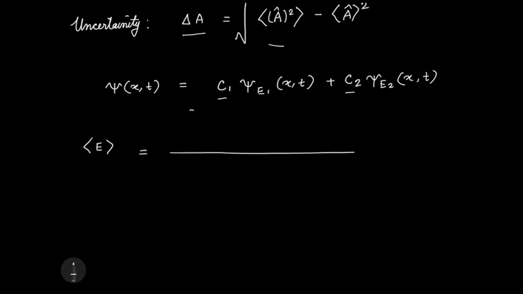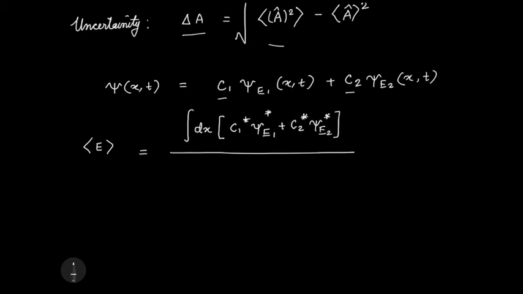So let's calculate. How will I calculate? Well, I have to write here integral dx psi star, and psi star is the star of this entire thing. So C1 star psi E1 star plus C2 star psi E2 star. Let me not write the functional dependence to save space.